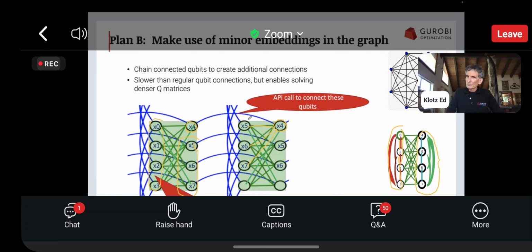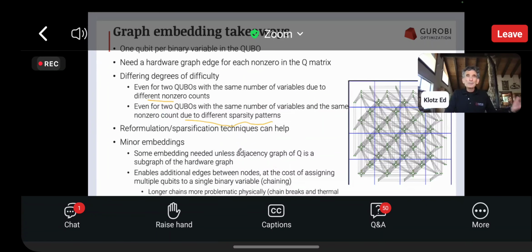So there's a cost here because we've duplicated qubits, but we've gained something big because we've now managed to create additional connections. We're using additional resources, and the other thing is longer chains become more problematic, not only in terms of additional qubit consumption, but there's a physical process underlying them that makes it more challenging.